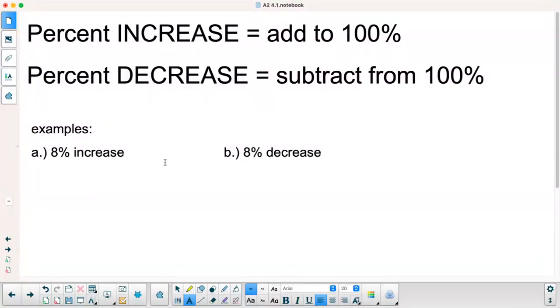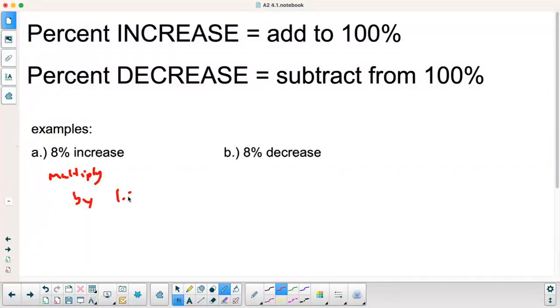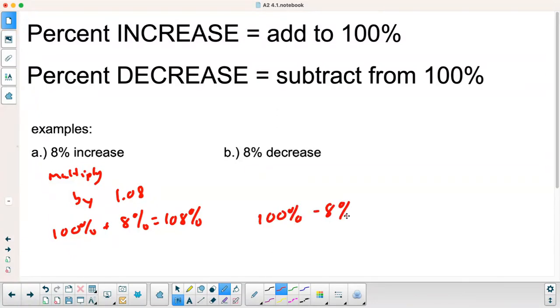So if I have an 8% increase, I want to make sure you understand we're going to multiply by 1.08 for an 8% increase. Now, if it's an 8% decrease, because it's really 100% plus 8% gives me 108%, which is 1.08. 8% decrease, kind of the same idea, 100% minus 8% gives me 92%.